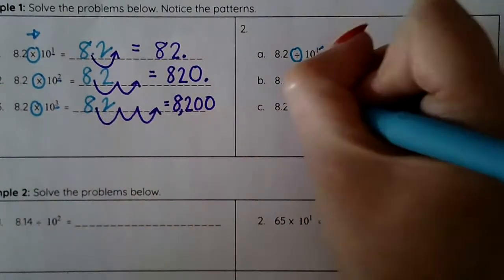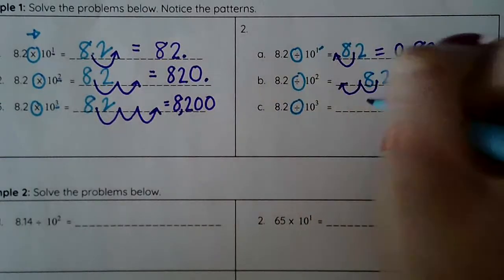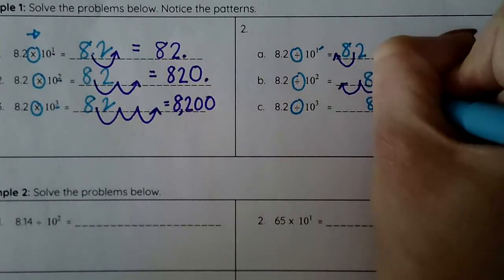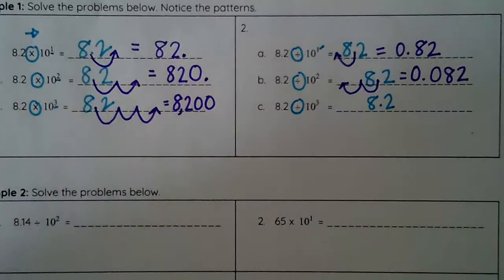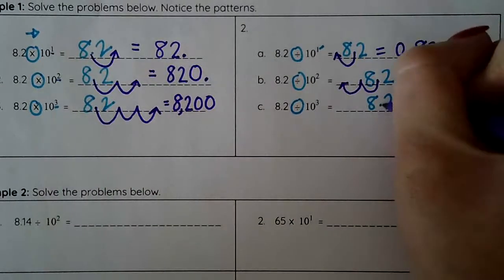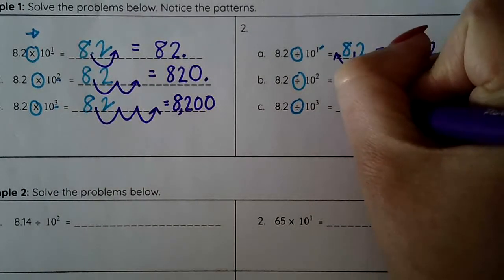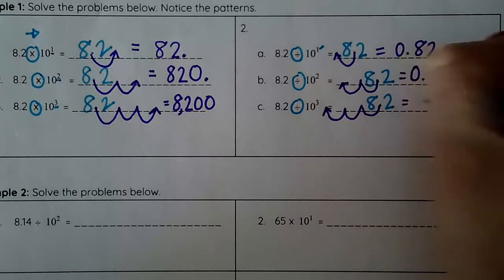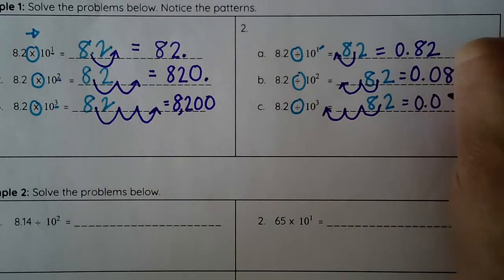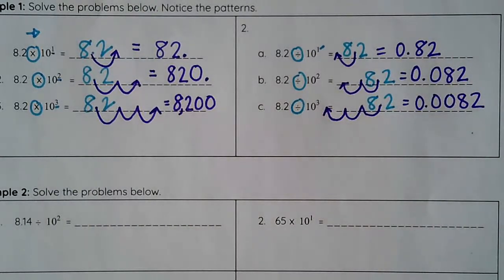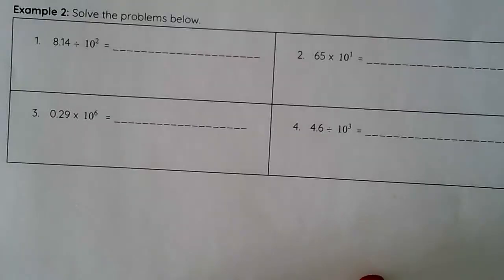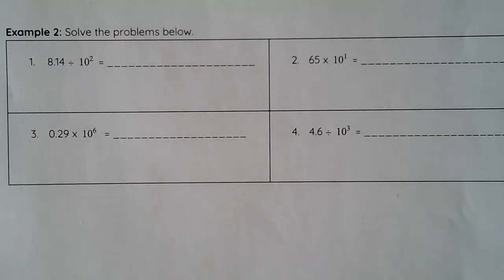Last one in this top section, I go ahead and divide again, this time by 10 to the power of 3. That 3 tells me to move my decimal 1, 2, 3 times, getting me 2 zeros, 82 ten thousandths.